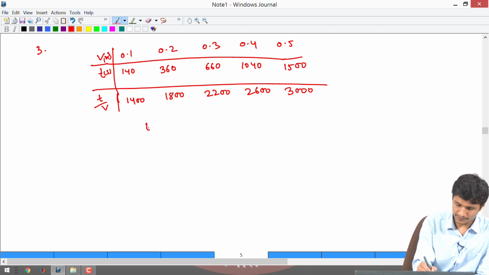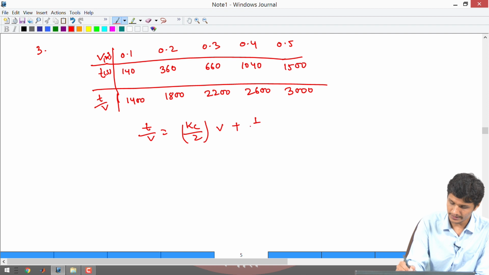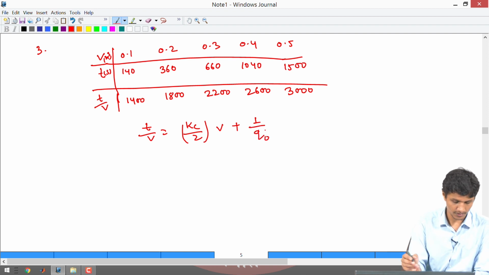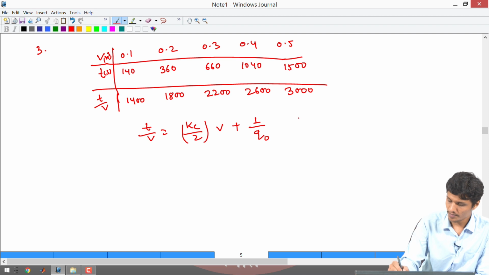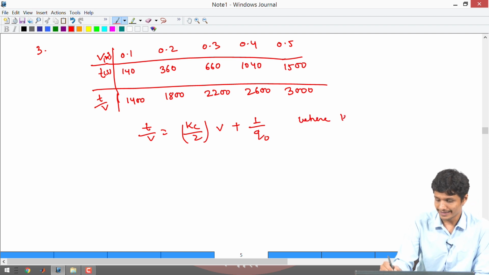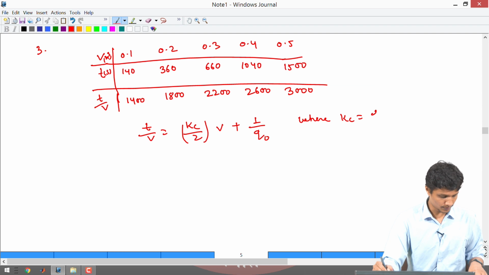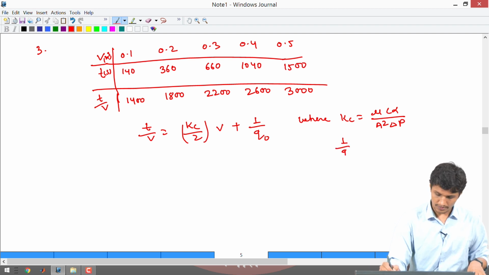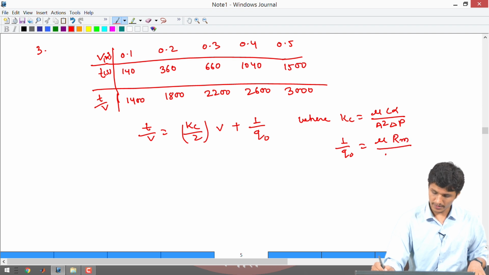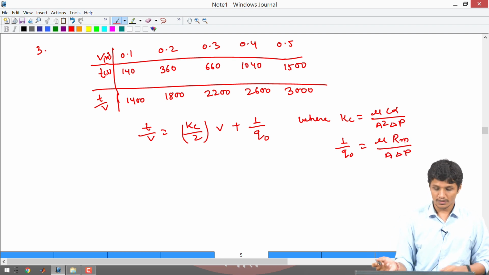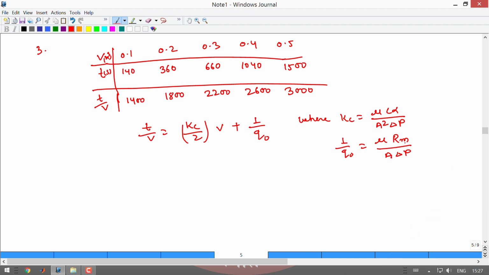So, we are going to apply the same formula, T by V equal to Kc by 2 into V plus 1 by Q naught, where Kc is equal to mu C alpha divided by A square delta P, and 1 by Q naught equal to mu Rm by A into delta P. So, I am going to do a rough plot for this.